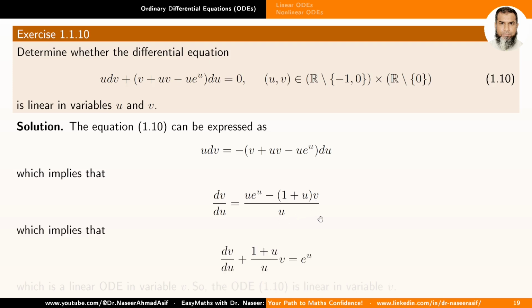This can be expressed as dv by du plus ((1 plus u) over u) into v is equal to exponential of u. So this is a linear term, also this is a linear term. So this is a linear differential equation in variable v. So ODE 1.10 is a linear differential equation in variable v.